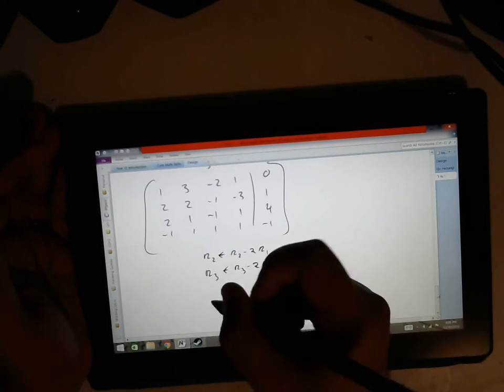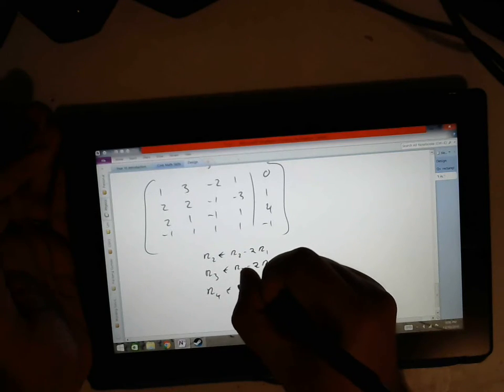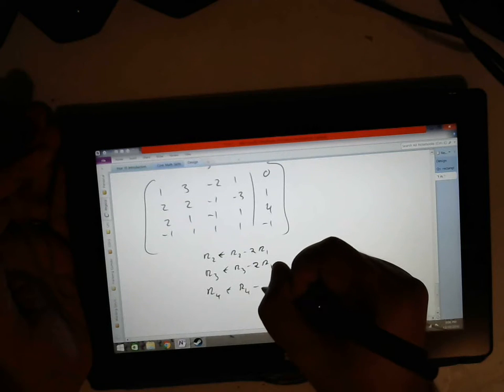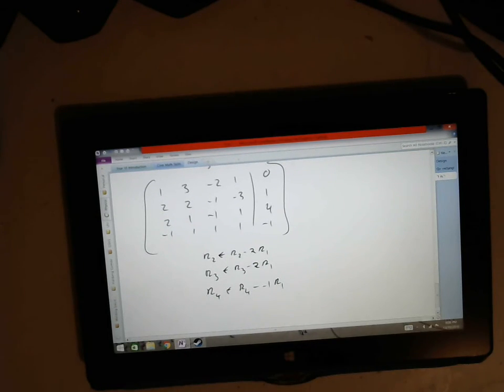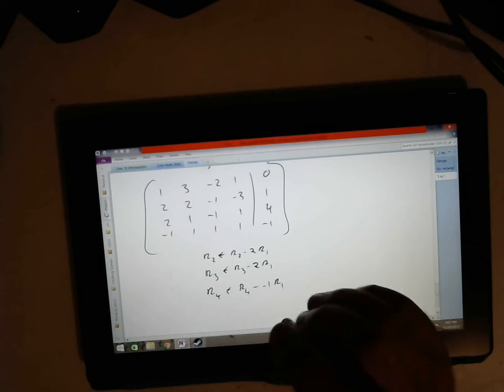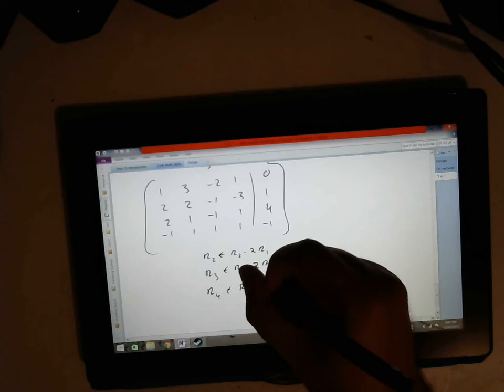R4 will become R4, take away minus 1 lots of R1. Or if we wanted to simplify that, we could just do R4 plus R1.